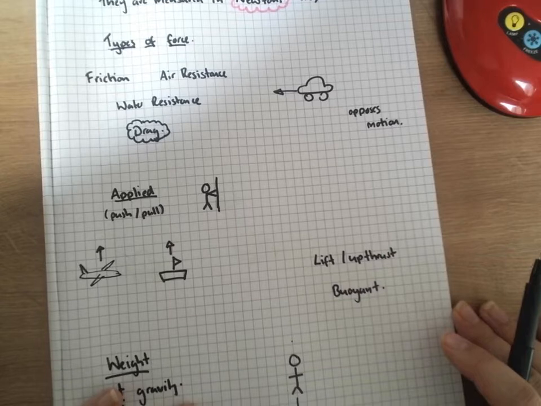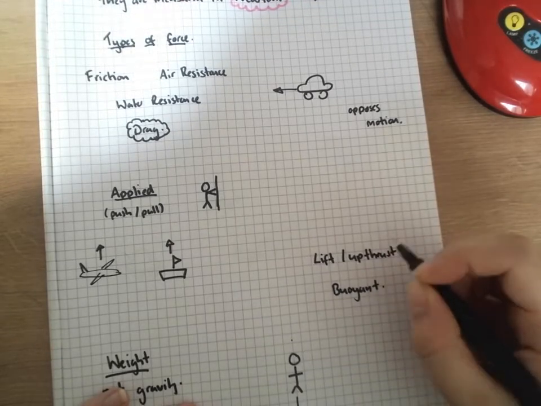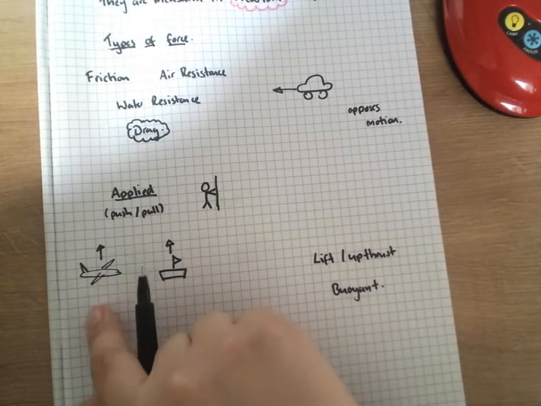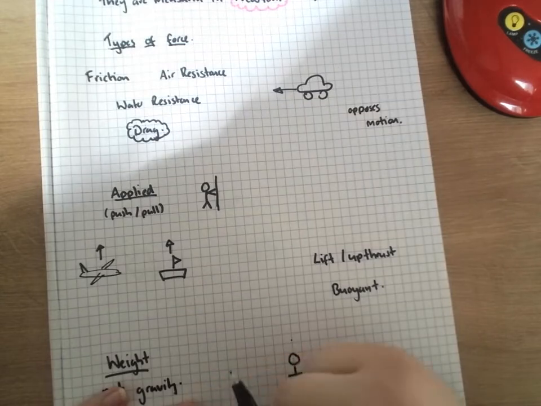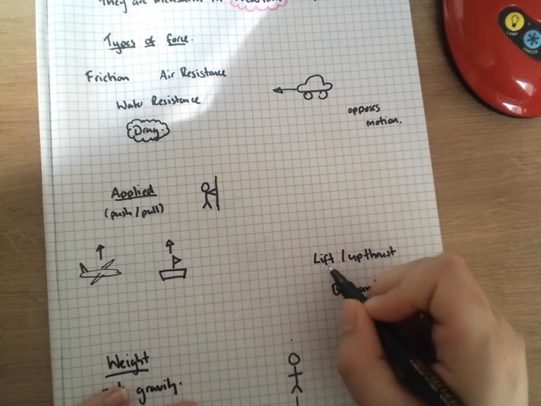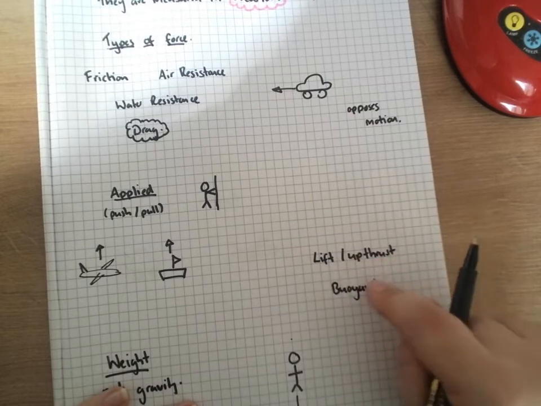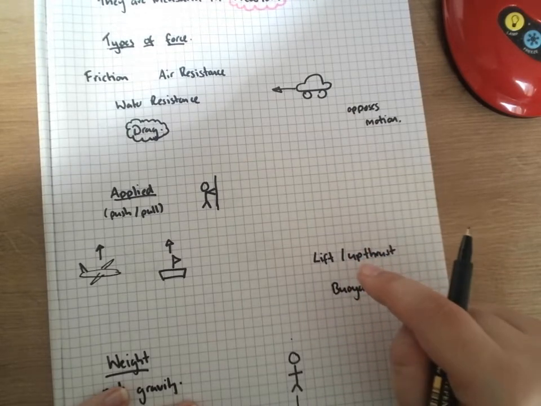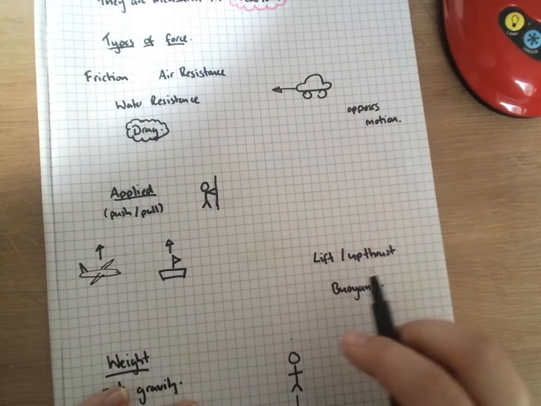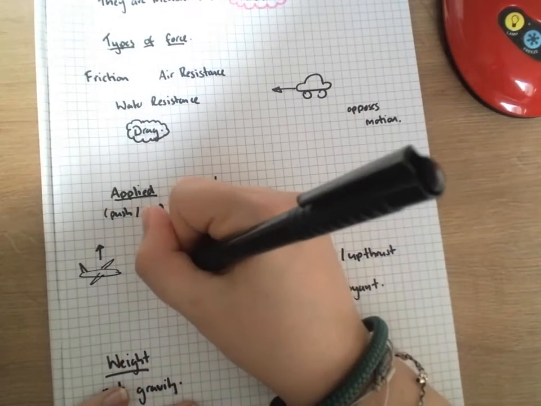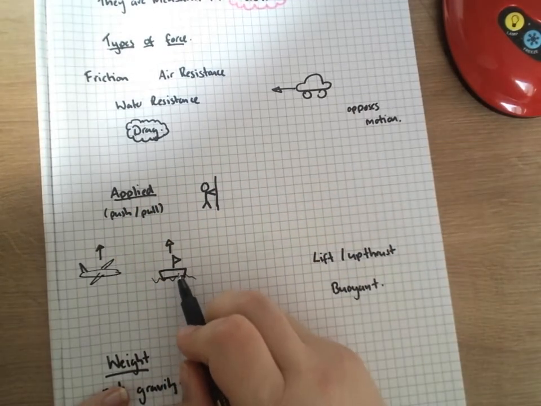The next one is the force that helps to lift things up. In the case of a plane, if you're taking off or it keeps the plane floating in the air, that would be known as lift or upthrust. I usually stick with upthrust, and actually you could call all of these upthrust, it doesn't matter. But sometimes when you hear things in water, so if you have a boat in water, the fact that the boat isn't sinking is because there is a buoyant force.